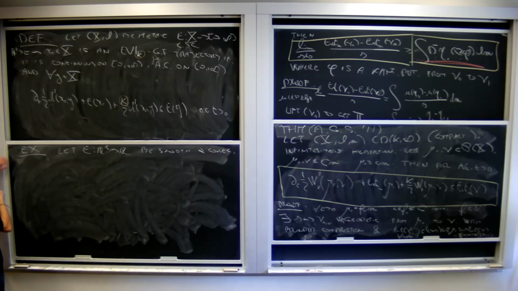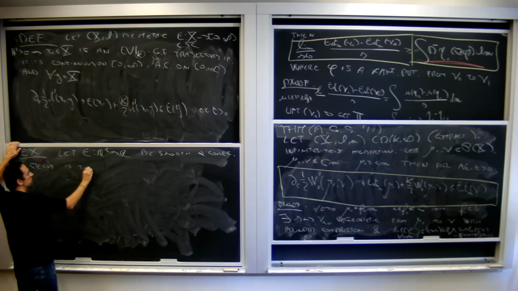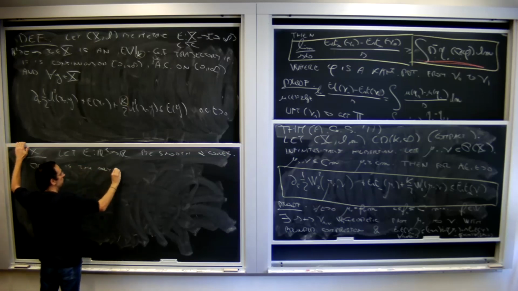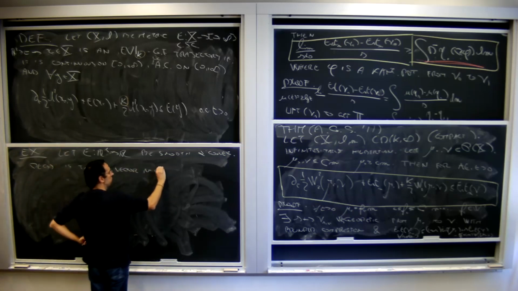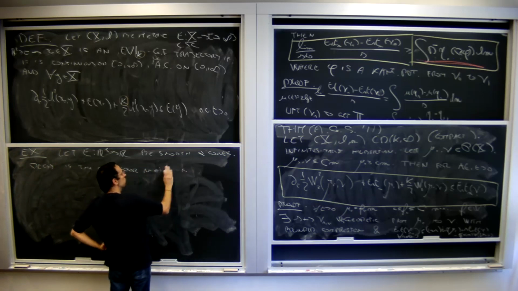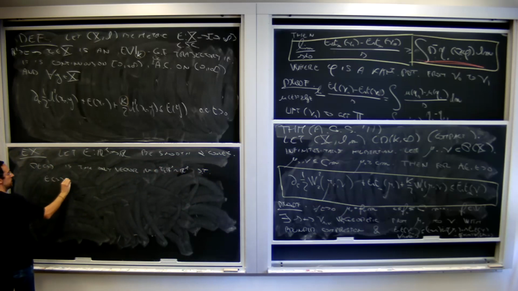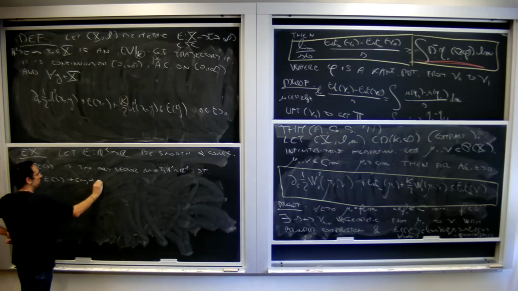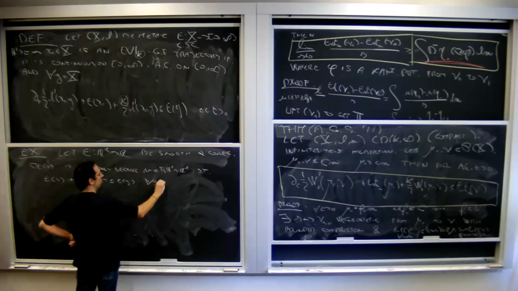Remember that if E is convex, then grad E at x is the only vector v in the tangent space at x, which is R^d, such that the energy at x plus v scalar product y minus x is less or equal than the energy at y for every y in R^d.